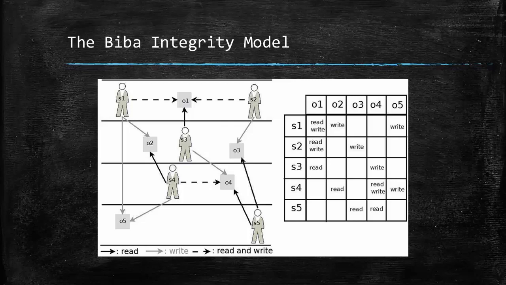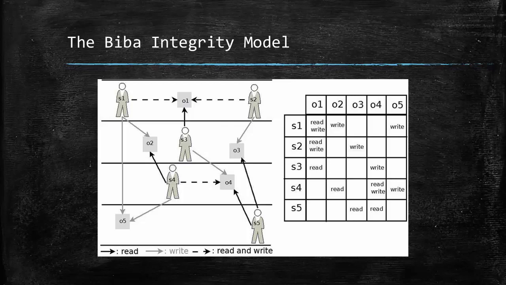For example, S1 and S2, which are users, have access to object 1, and they are able to both read and write to whatever data they have access to.